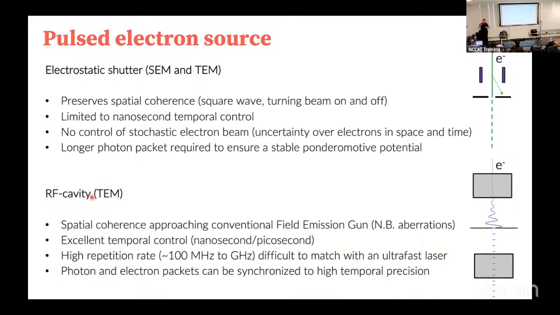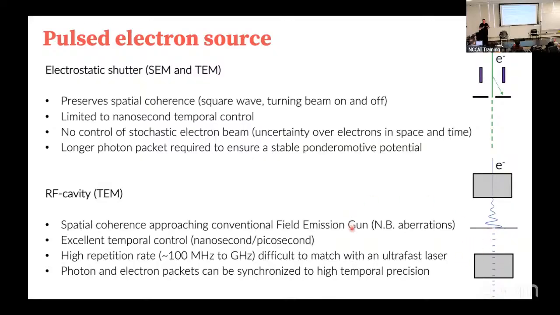In that case, you have a continuous electron source, like a regular FEG that you would have on a Krios downstairs, but you are using radio waves to chop the electron beam. So you can get very high frequency chopping using radio waves, because it's another source of radiation.